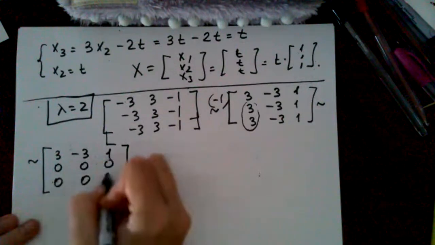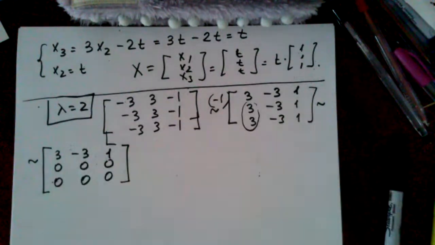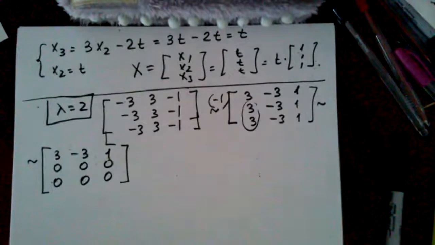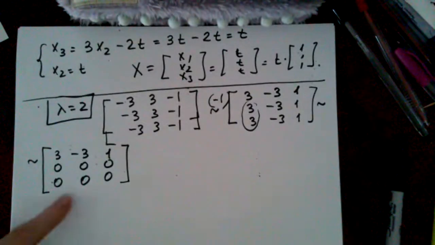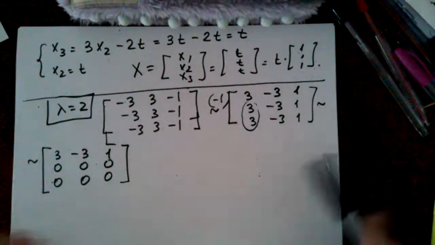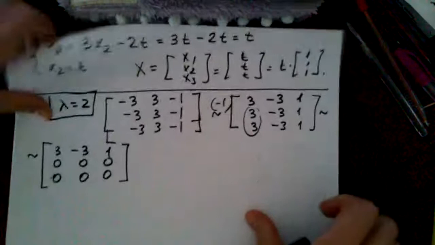The same here. This is a very good sign. Remember, you need to have at least 1 zero row. In this particular case, we even have 2 zero rows. So this is a real indication that we are on the right track.